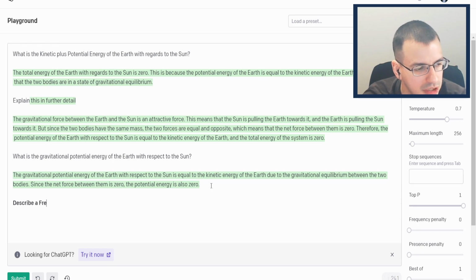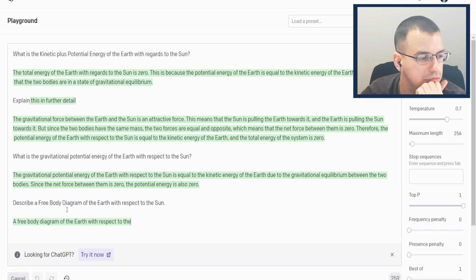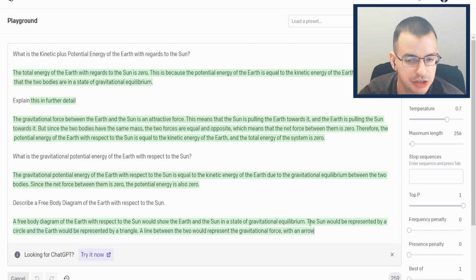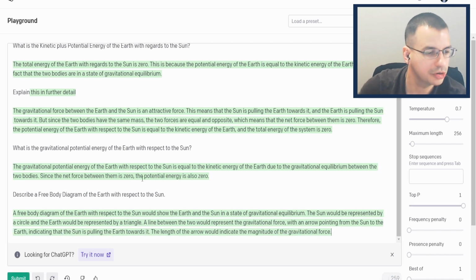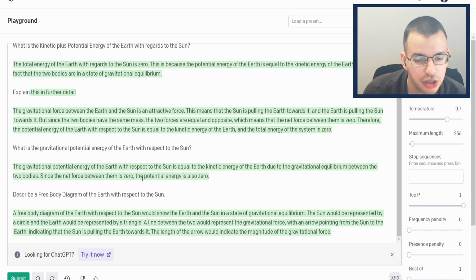Describe a free body diagram of the Earth with respect to the sun. Free body diagram with respect to the sun: the sun would be represented by a circle, and the Earth would be represented by a triangle. A line between would represent the gravitational force, with an arrow pointing to the sun, indicating that the sun is pulling towards it.